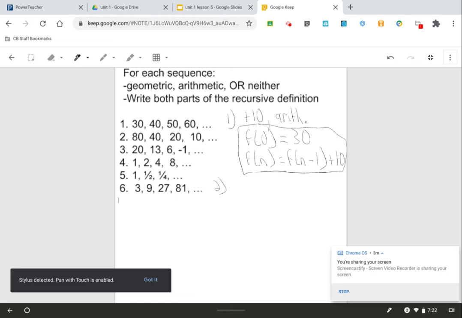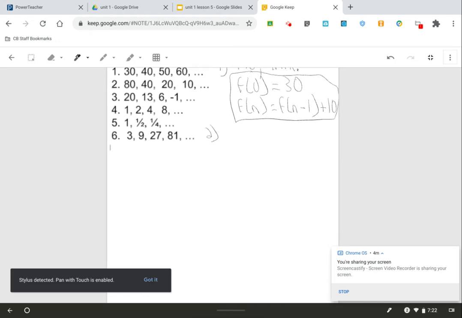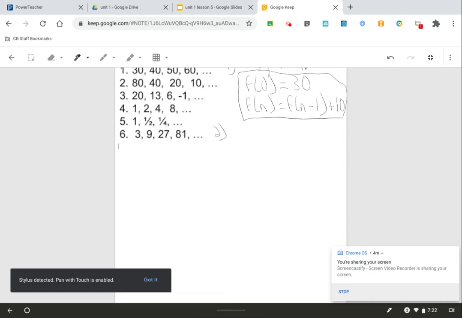Okay, let's look at number 2: 80, 40, 20, and 10. Once again, we're decreasing. It looks like we're dividing by 2, so this is a geometric sequence.